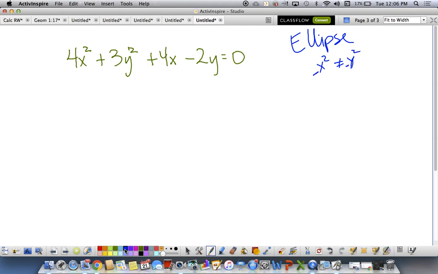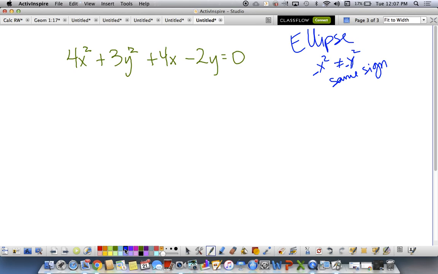If it's 4x squared minus something, then that would be a hyperbola, because the signs are different. They have the same sign, positive or negative, but the A and the B are not equal to each other. If it's different signs, it's still a hyperbola.